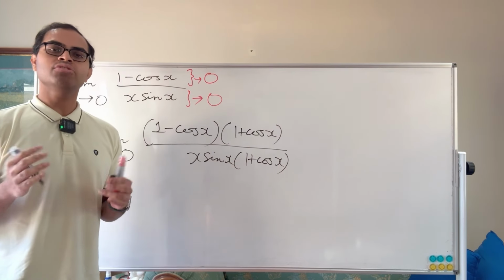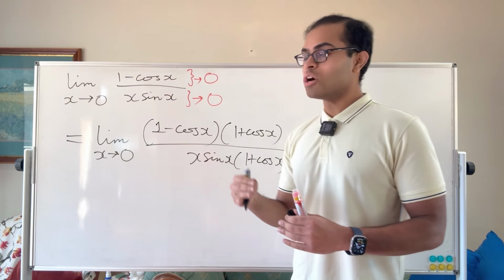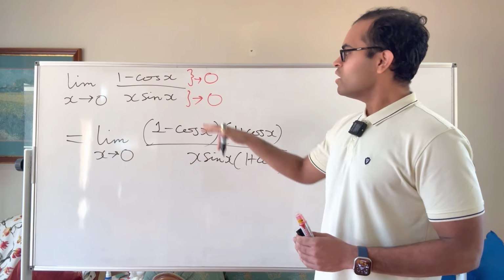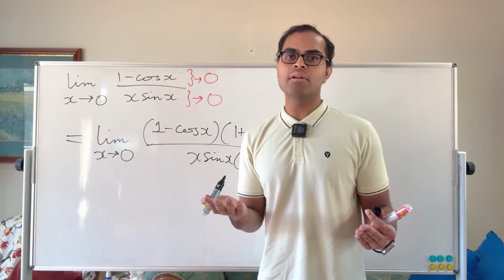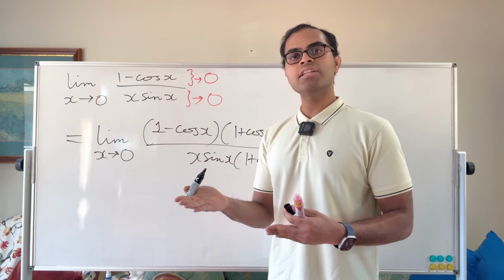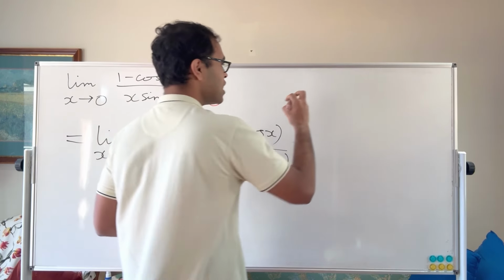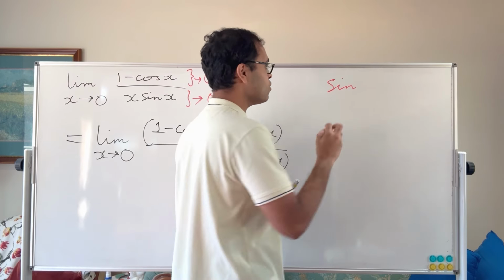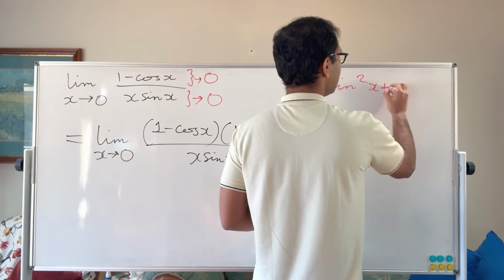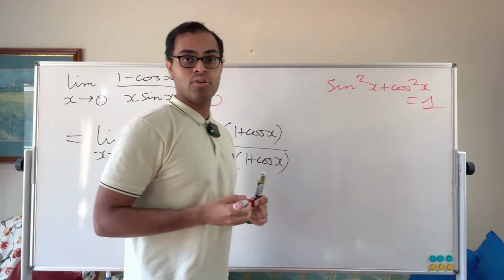Well, it's natural to think about, if you want to make a common thing on top and bottom, like a sine and a sine, then you think about that identity. Basically, that identity is what you do in general. You just want to express sine in terms of cosine. You use sine squared x plus cosine squared x is 1. So multiplying by 1 plus cosine x on top and bottom and using the difference of squares formula is the way to go. Here we have sine squared x plus cosine squared x is 1, essentially the Pythagorean theorem.